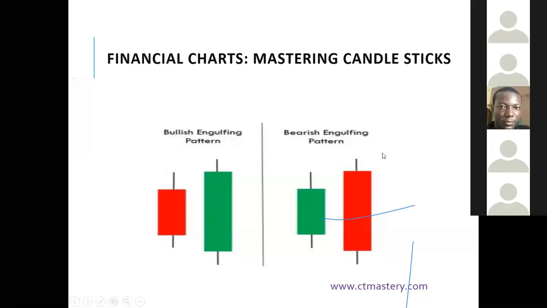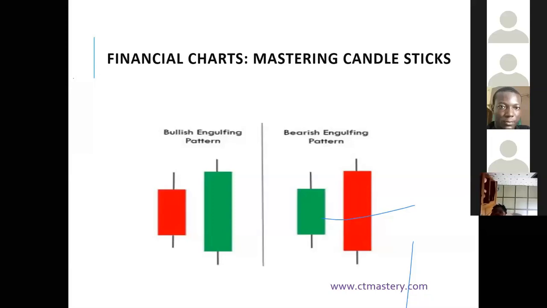When the candle at the right, that is the big candle engulfing the other one, is red, we say it is bearish engulfing. The engulfing candlestick pattern indicates a trend reversal. So when we see this, it's saying that the trend is about to change.